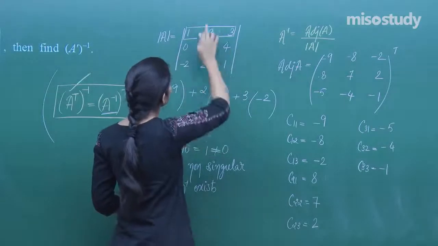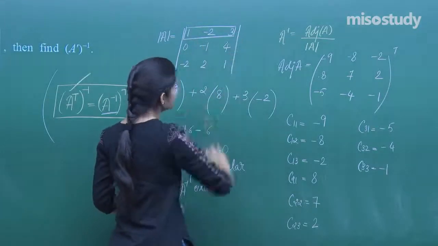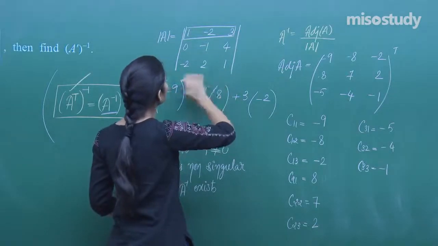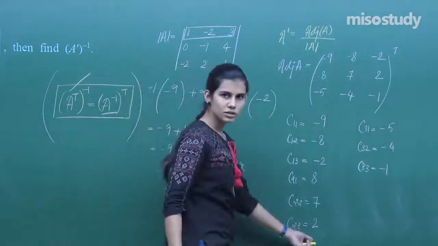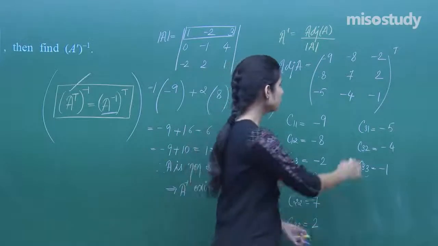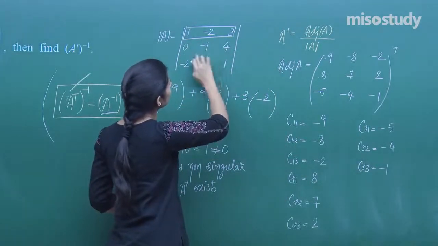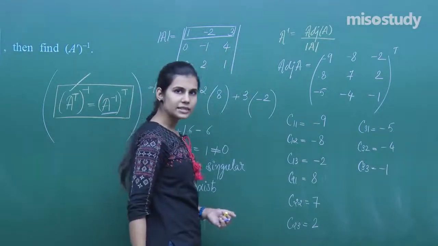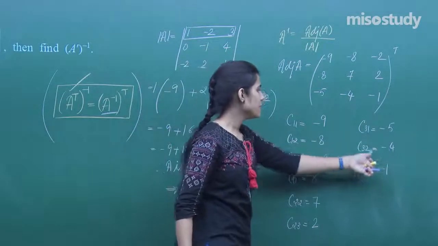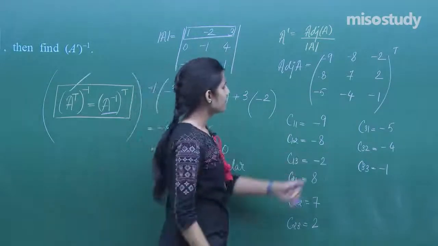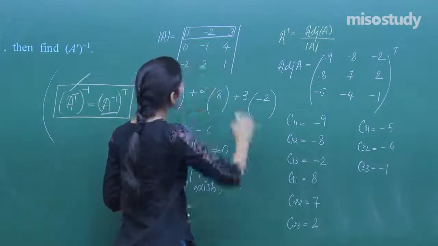C22 will be 1 plus 6, that is 7. Then C23 would be 2 minus 4, which is minus 2 with a minus sign, so it will be plus 2. Then C31 would be minus 8 plus 3, which gives you minus 5. Then C32, third row, second column, it will be 4, so it will be minus 4, and C33 would be minus 1.